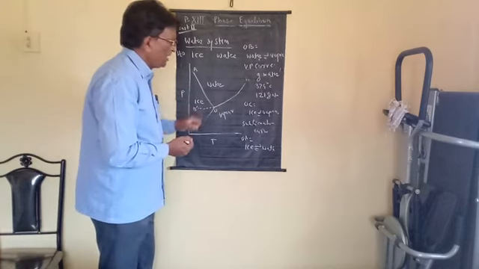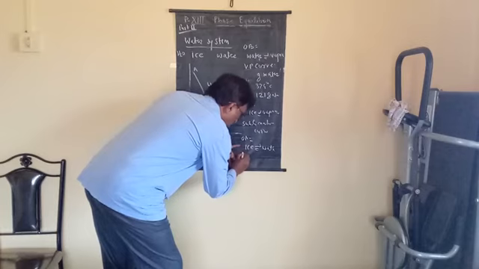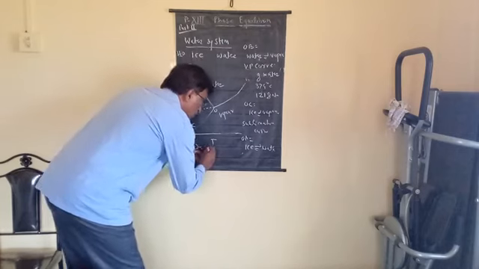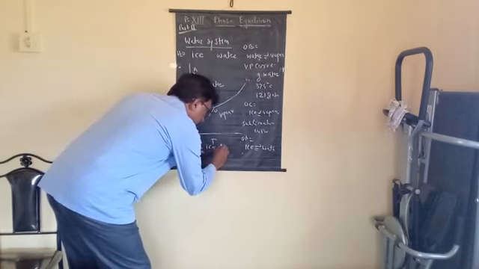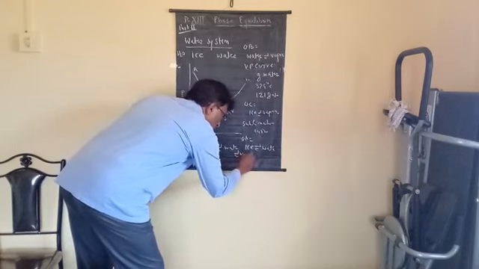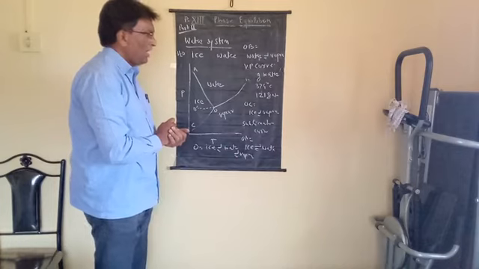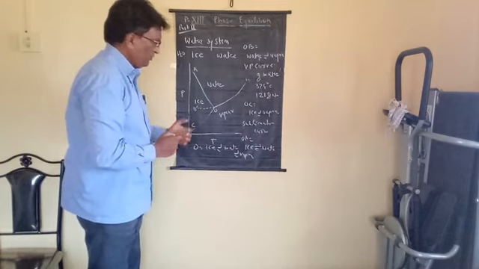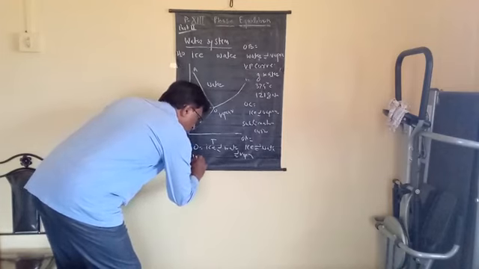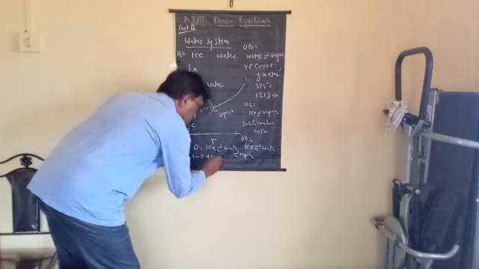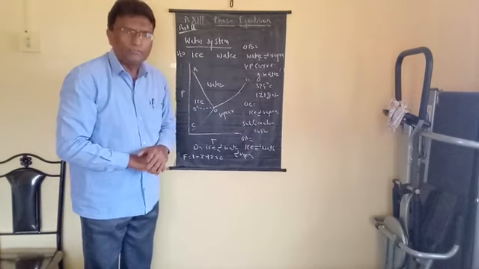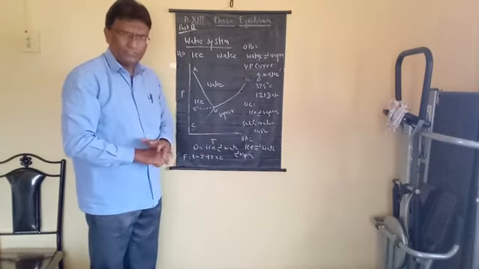Now all these three curves meet at point O. At point O, three phases are in equilibrium: ice, water, and vapor. At this particular point O, if we apply the Gibbs phase rule, F is equal to 1 minus 3 plus 2, that is equal to 0. That means this point O is a non-variant point, or it is called the triple point.